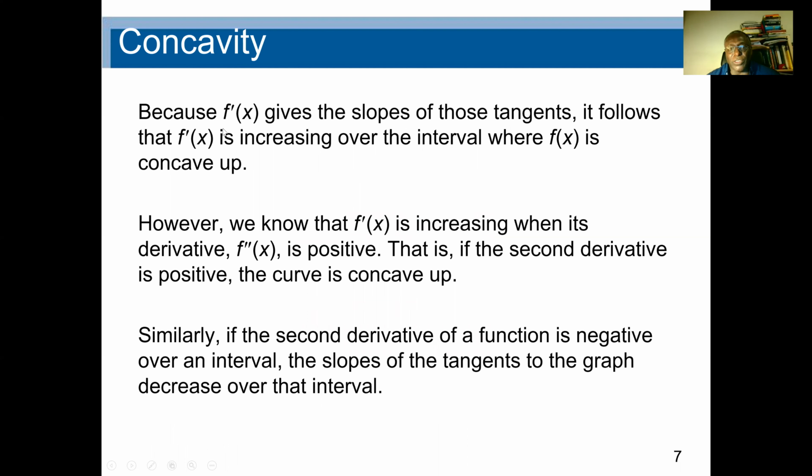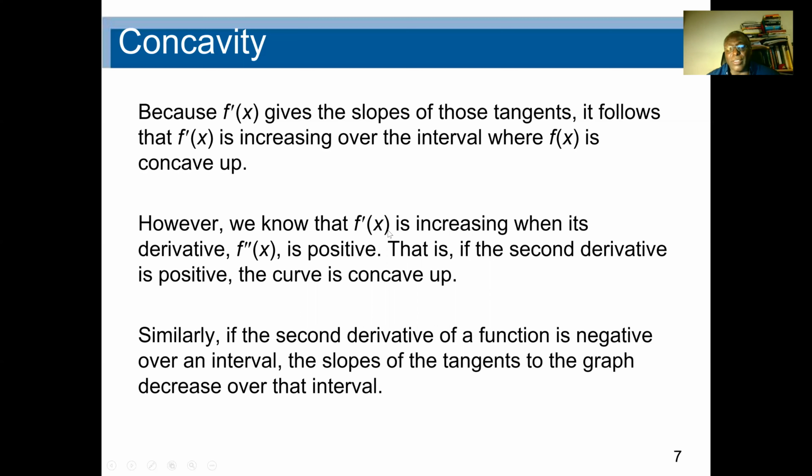So here we say, because the derivative of f at x, that's the first derivative of f at x, always gives us the slope of those tangents, it follows that the first derivative of f at x is increasing over the interval where f at x is concave up.